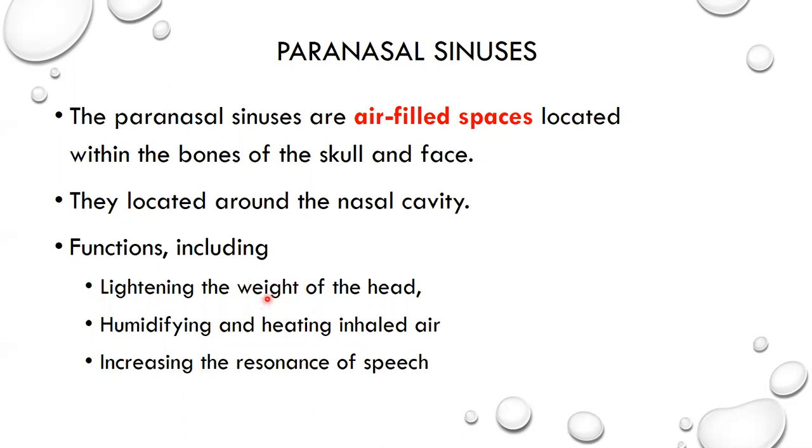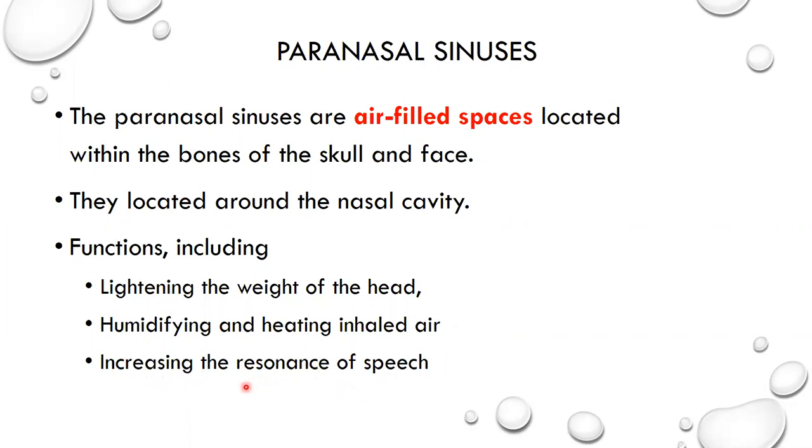So the paranasal sinuses significantly lighten the weight of the head. They humidify and heat inhaled air, because the paranasal sinuses have mucosa full of glands lining them. And they also help in speech.